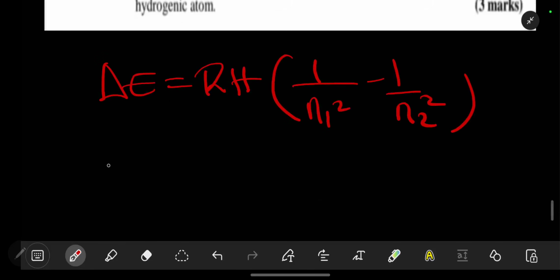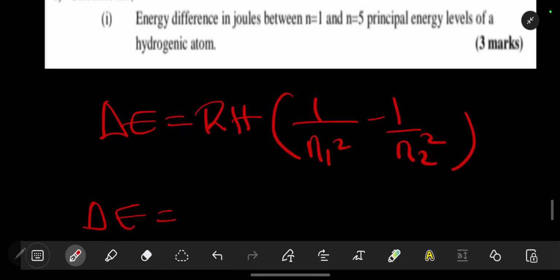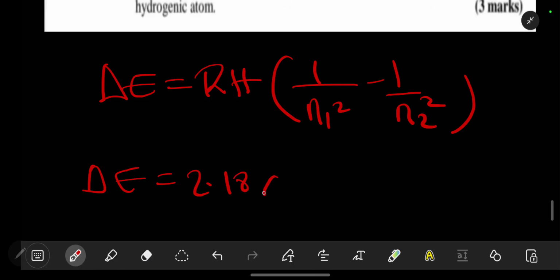So the change in energy will be equal to Rydberg's constant, 2.18 times 10 to the power negative 18, times 1 over 1 squared minus 1 over 5 squared.